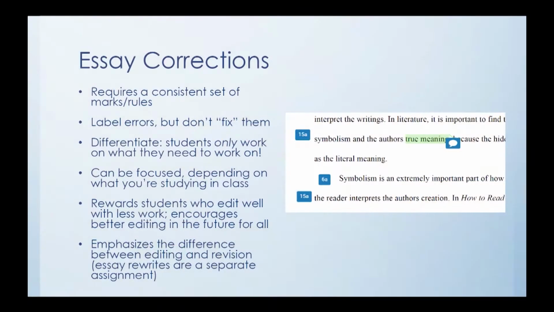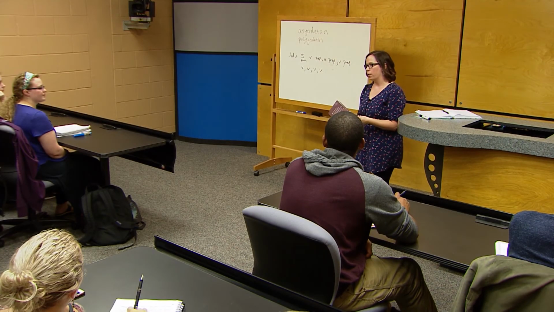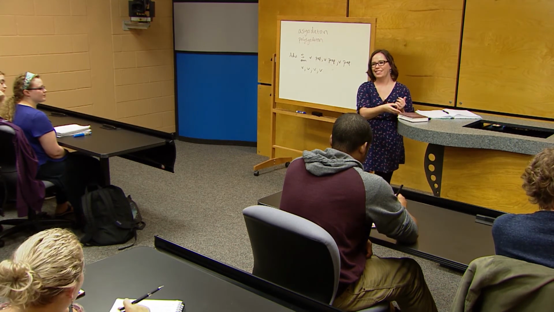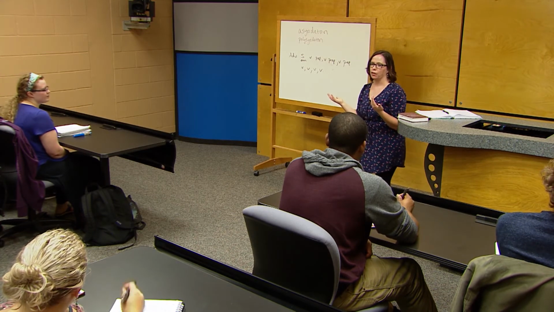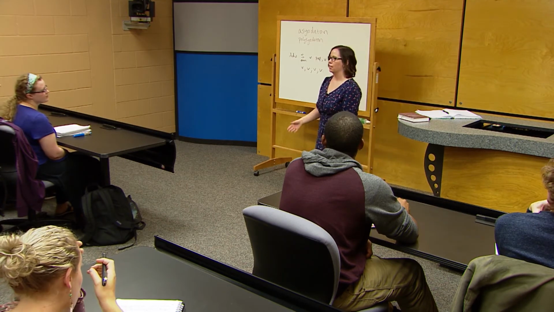To be able to do essay corrections, you're going to need some sort of consistent way of referring to grammatical errors. For me, obviously the hard brace works because it labels every single one of them for you, but it doesn't have to be that. I use SP for spelling because that's not a hard brace rule. So every time there's a spelling mistake, you could put SP.